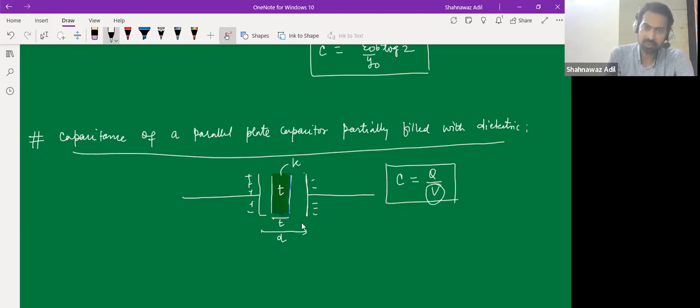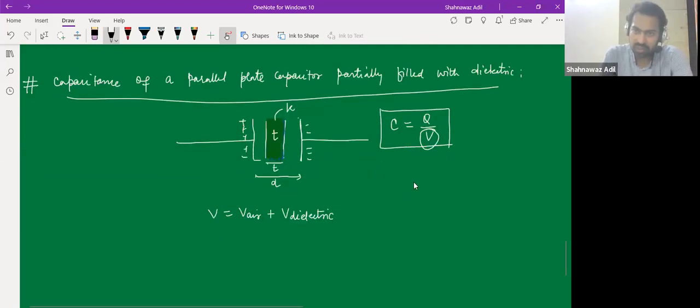voltage between these two plates, right? The voltage will have two contributions. The voltage would be of air, and then the potential of the dielectric.